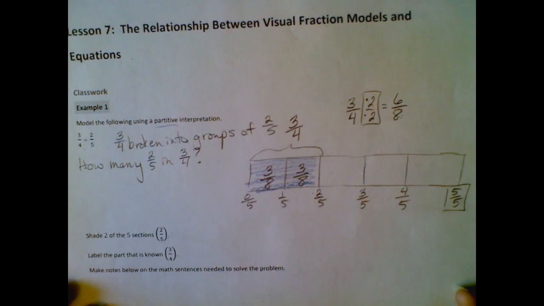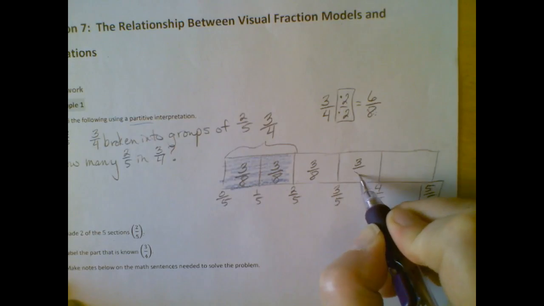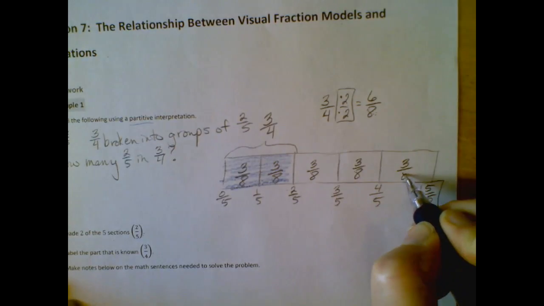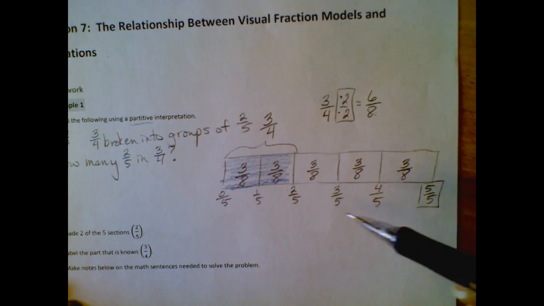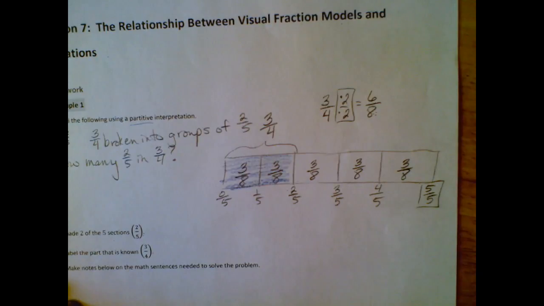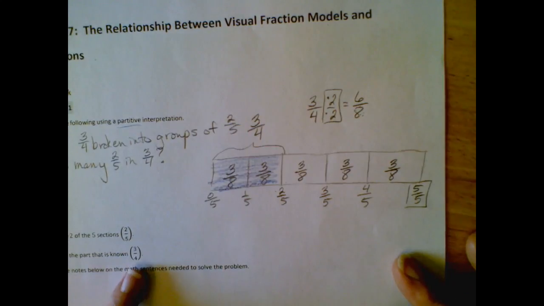Therefore, for the rest of my tape diagram, when we're dividing and multiplying, all parts have to be the same. Do you see how this is kind of one of our double number lines as well? The same section can be named 2 different things. So, label the part that's known as 3/4.